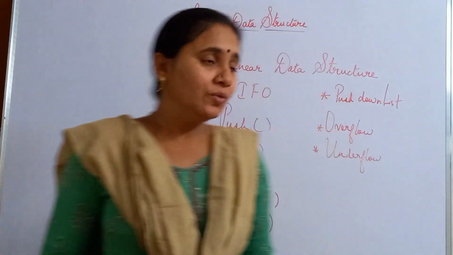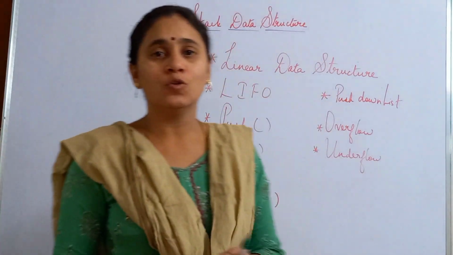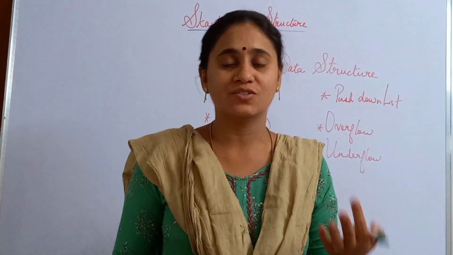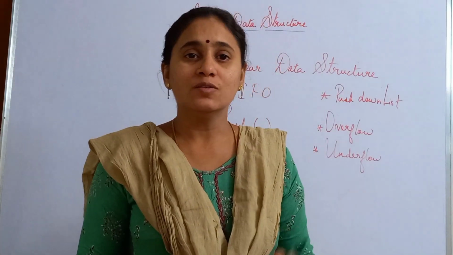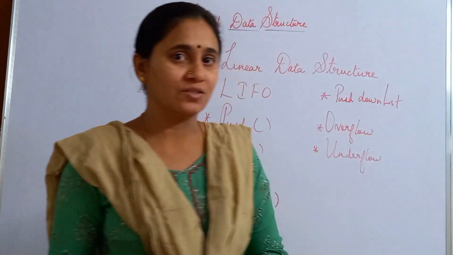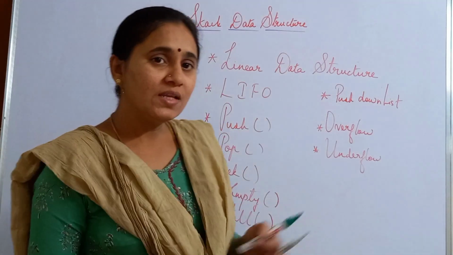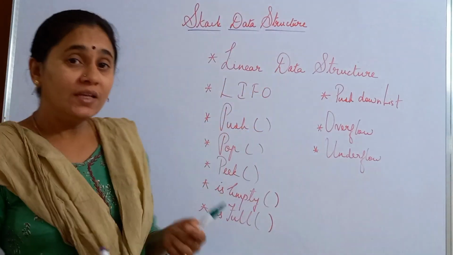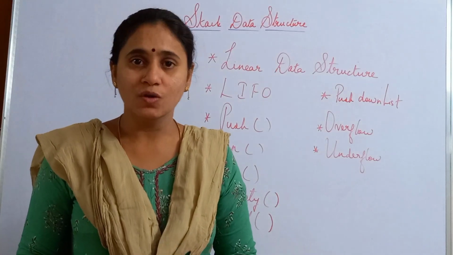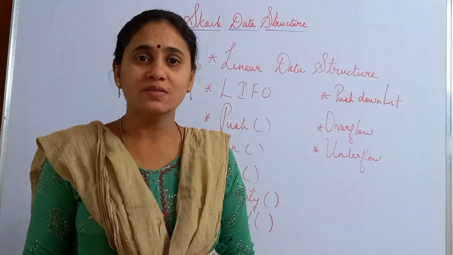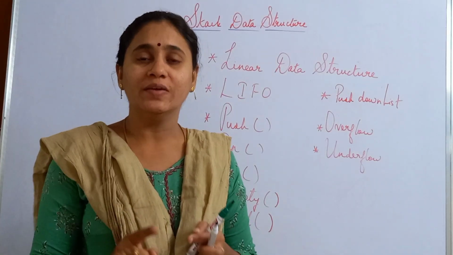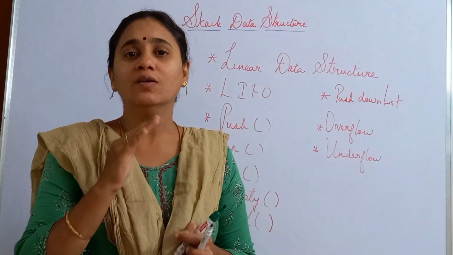A stack is a very important topic in the data structure subject. It is one type of linear data structure. In the previous classes we discussed linear data structures, isn't it? So what is a linear data structure? A linear data structure is used for storing the elements belonging to a single variable in a consecutive manner.